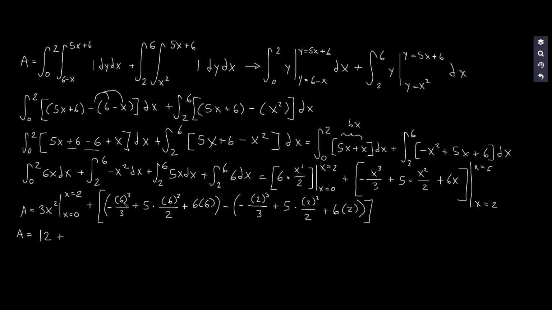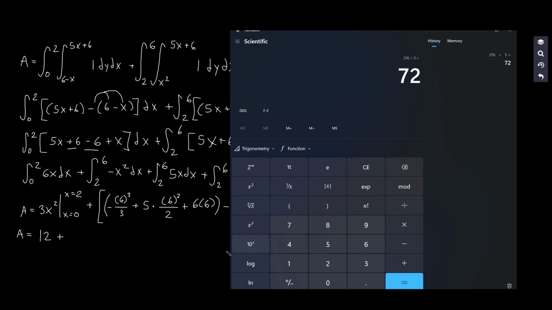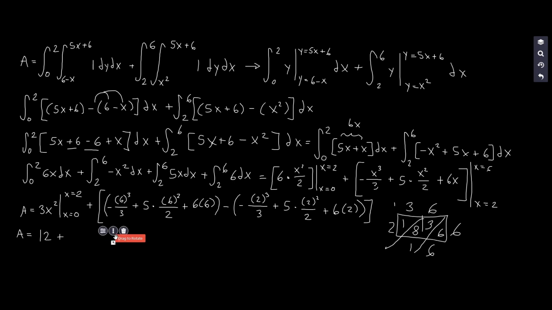Okay, so for this one, what's 36 times 6? 216 divided by 3. What's 216 divided by 3? 72.